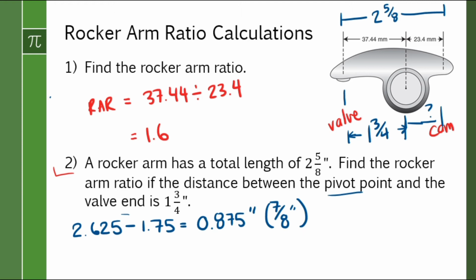Okay. Now, I have my 2 measurements that I need to go into the formula. So that's my short measurement right here, and here is my long measurement. The rocker arm ratio is going to be 1.75 divided by 0.875 equals 2.